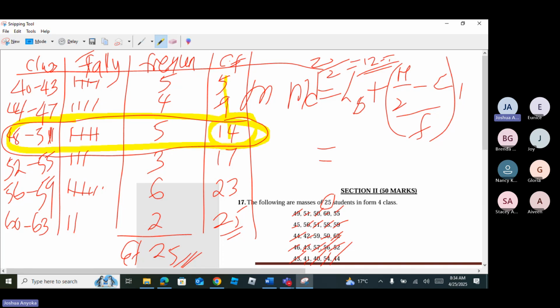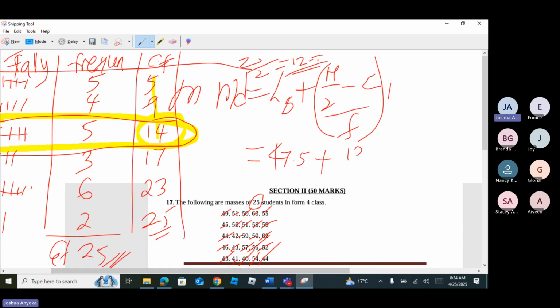So from the median class, we choose the lower class boundary, which is 47.5 plus n over 2. N over 2 is 12.5 minus the cumulative frequency above the median class, 9, over the frequency of the median class, 5, times the interval of the median class, 4.